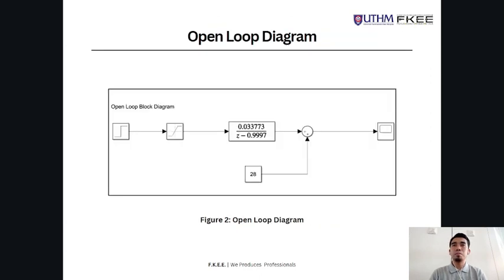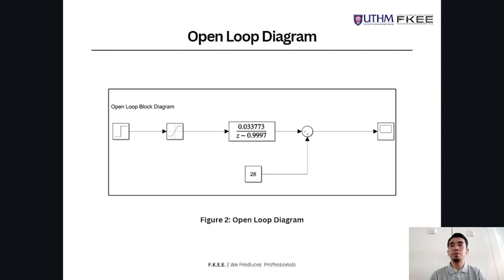Okay, the next slide is about the open loop diagram. This diagram is the first process that we had to do for the first time, to have the output process of the system, to have good results.